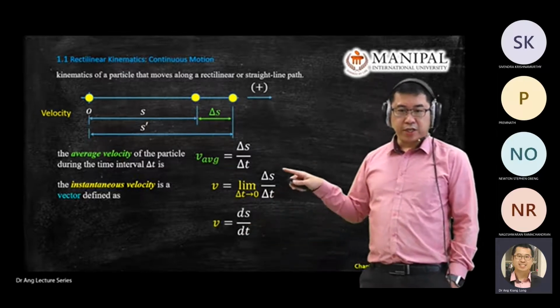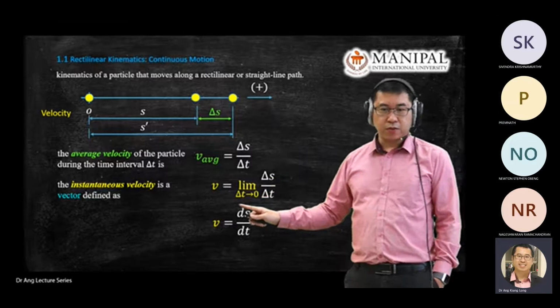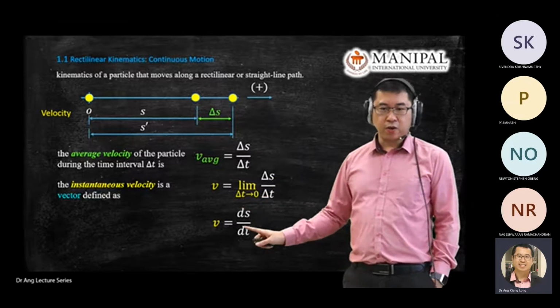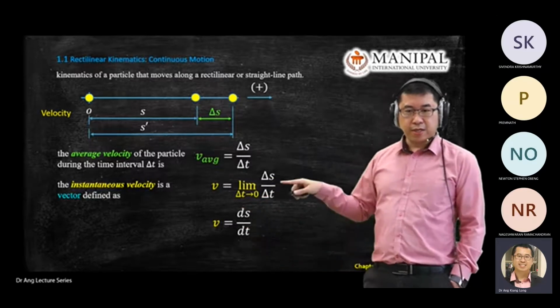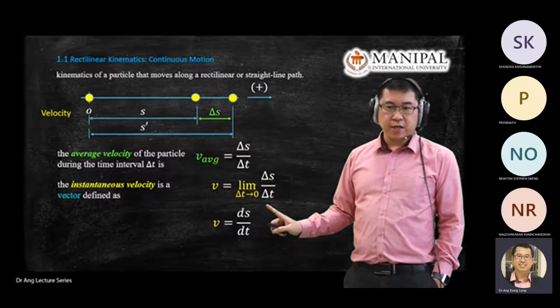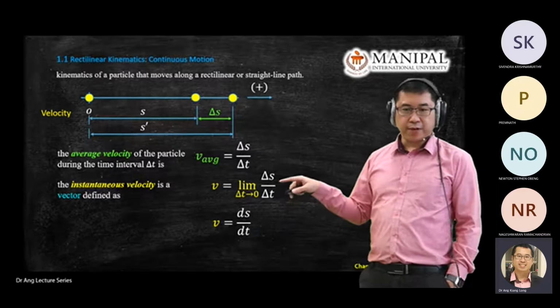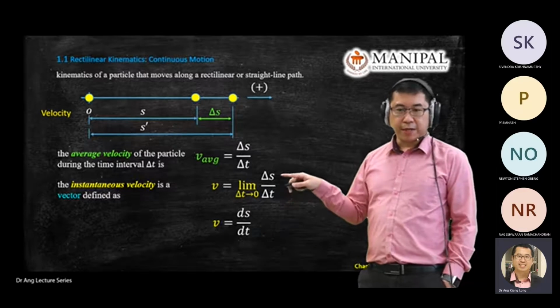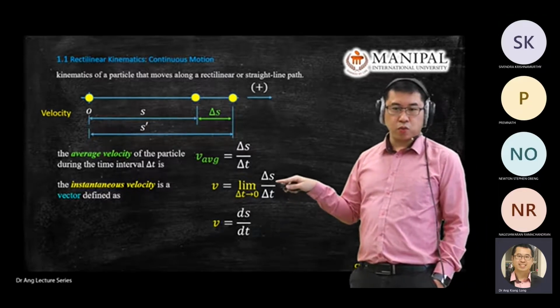You can change the delta sign into ds over dt. Now this is a mathematics step where you use limitation of your time. This one falls under your calculus or mathematics 1 and mathematics 2.